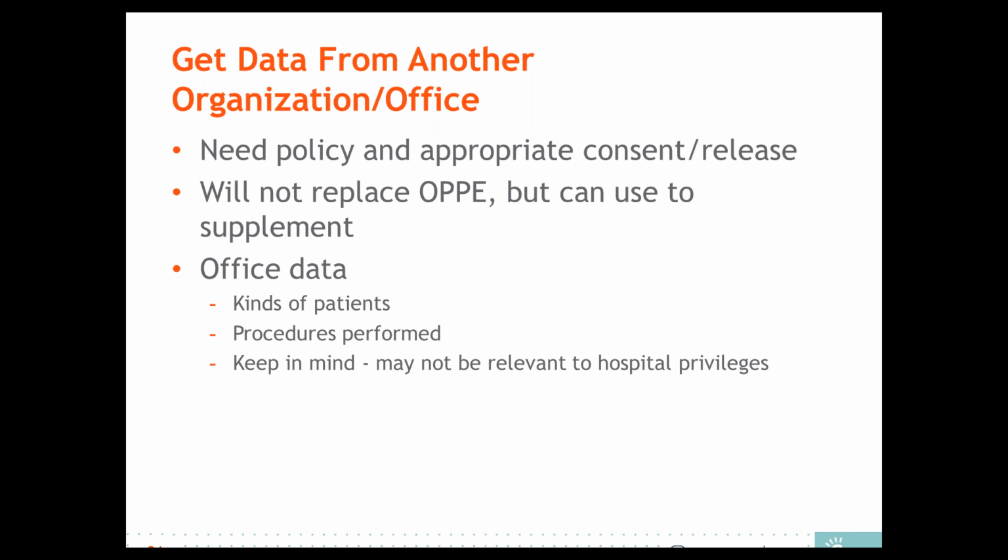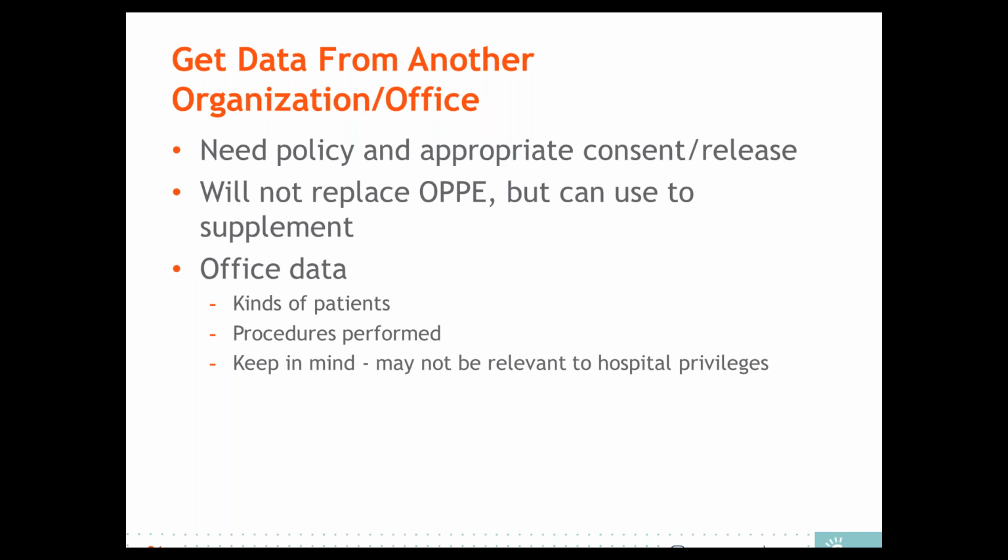Now, some people will get office data. They may ask the providers to give us a listing of the procedures that you've done in your clinic. In some cases, this may be appropriate information, but in some cases it may not, because there are different kinds of patients treated in a clinic setting as opposed to an acute care setting like a hospital.